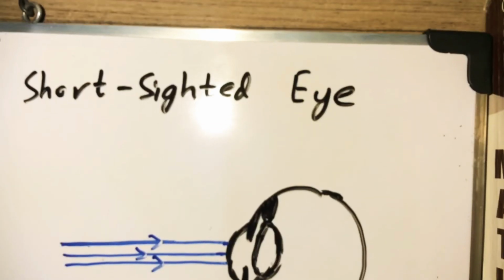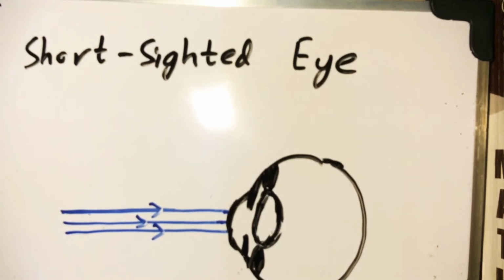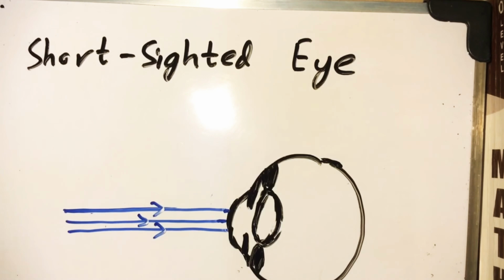In a short-sighted eye, the person cannot see far objects, distant objects. This is because the lens is such that the light is being refracted too much, which is why the image is formed before the retina.